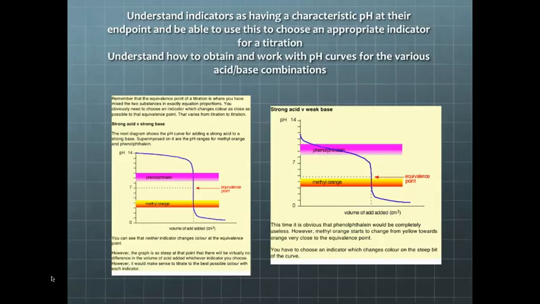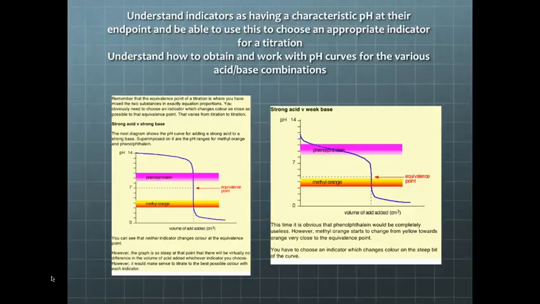We are going to talk about indicators a good many times during the 12th grade year. We will also talk about how we choose indicators. One of the ways we choose indicators is with pH curves.